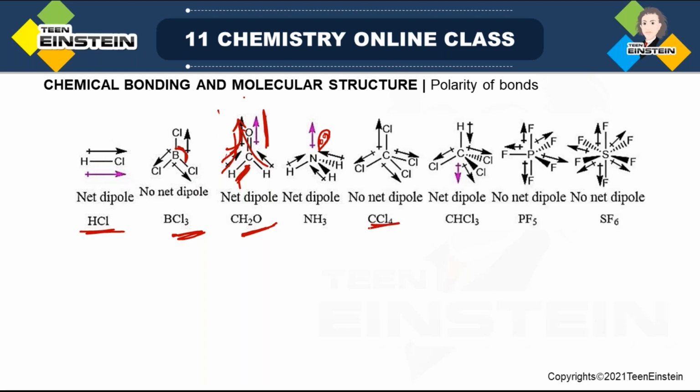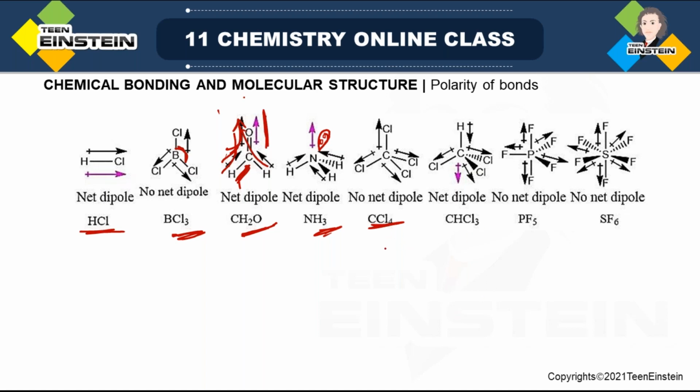Next we have CCl4, which is just like CBr4. You can also consider it like NH3, but in NH3 there are a total of 3 NH bonds and in the fourth position there is a lone pair, but in this case we do not have any lone pair. And if you focus on the arrow directions, you will get the idea why the overall dipole moment is 0.